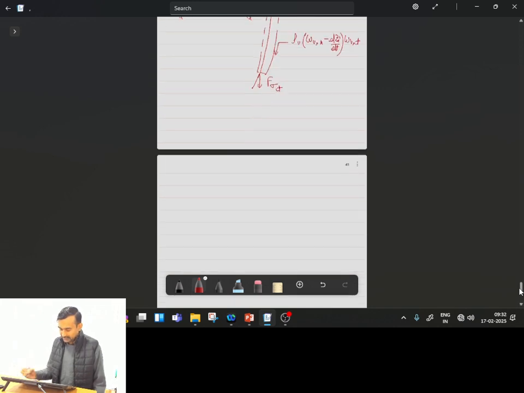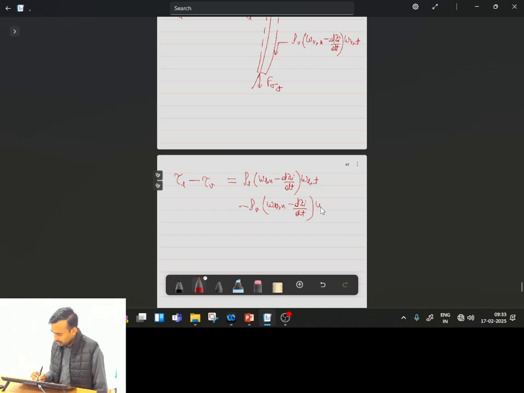So if I do the balance, I will have tau L minus tau V, which are acting in opposite directions, equal to rho L into WLN minus dZi by dt times WLT, minus rho V into WVN minus dZi by dt into WVT.